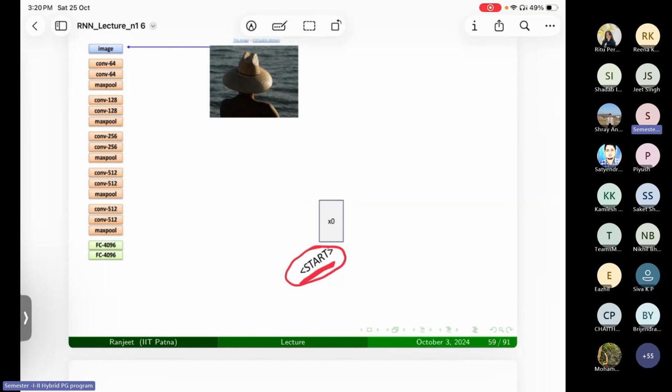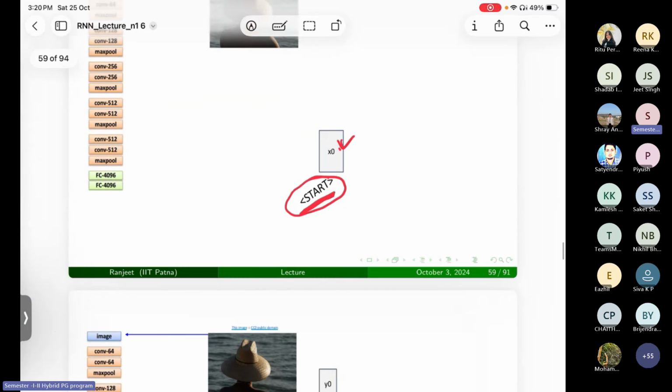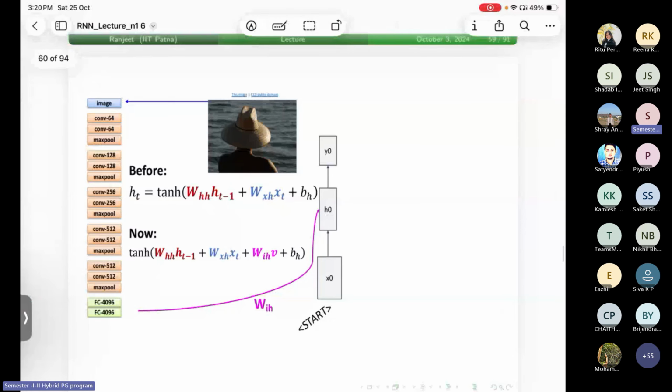This start word again has a vector assigned to it, just like I discussed in the previous class, every word should be converted into a vector. So this start has the vector x0, and you process this x0, the input word, along with the hidden state, the last state.